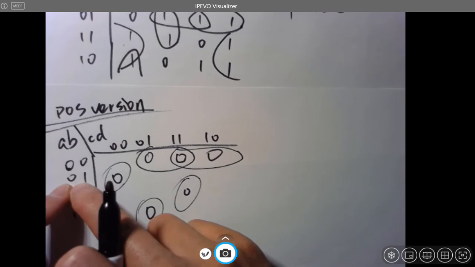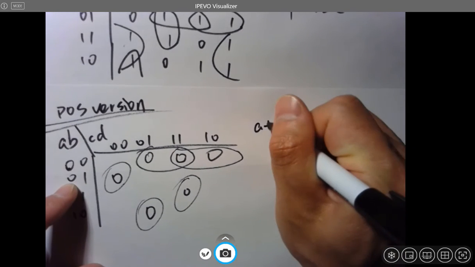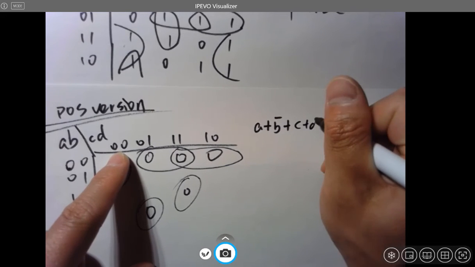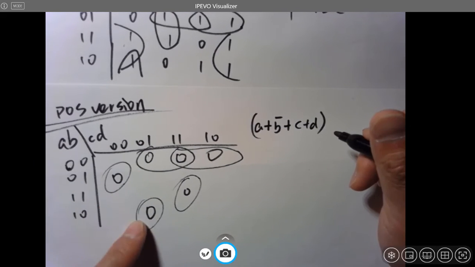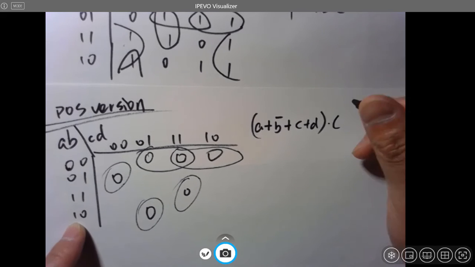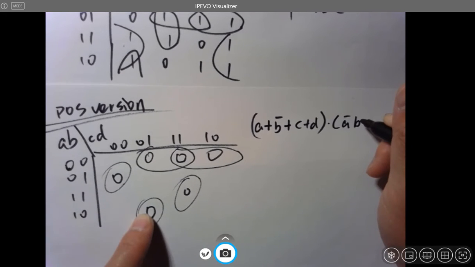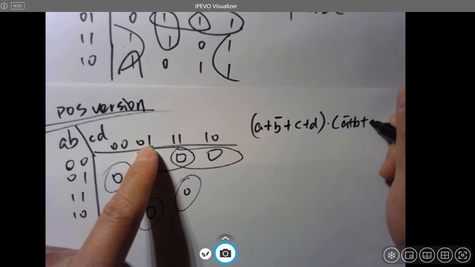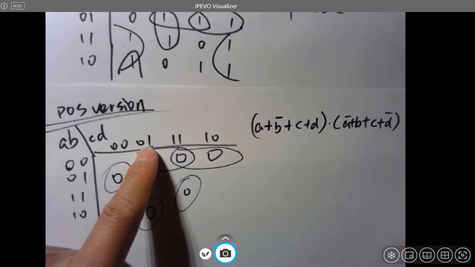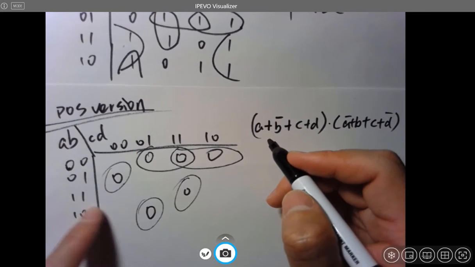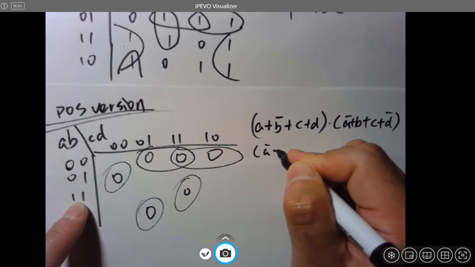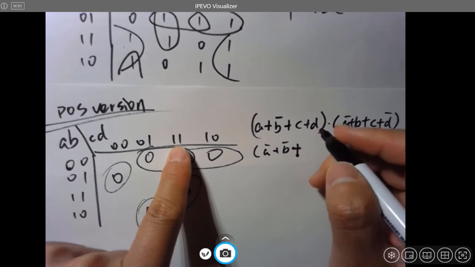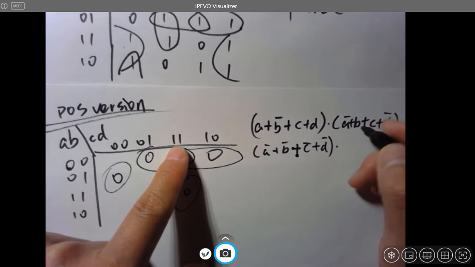So for this term, it is actually A or B not or C or D. Keep in mind, for this one, it is A not B, C, D not. And this guy, which is A not or B not or C not or D not.